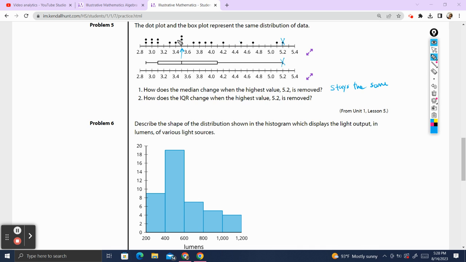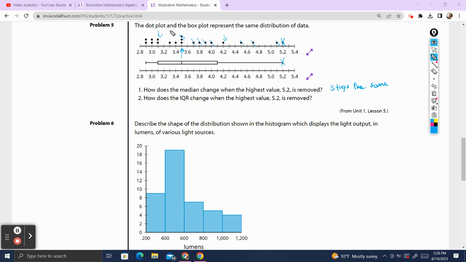Now the IQR. At this point, well, we cross out this one, we cross out this one. I'm really checking to see what's happening on this side over here. It's going to be 4.2 on this side, and it's going to be 3.1 on that side.